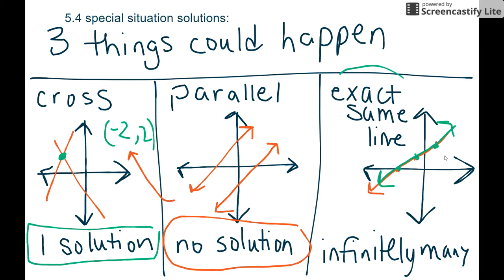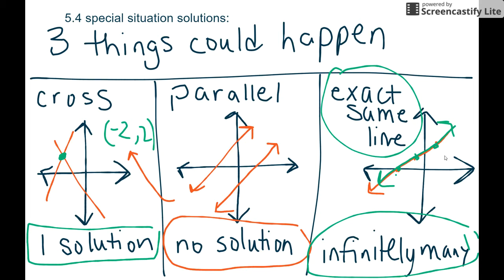So really that means you're graphing the exact same line twice, which some people are like, well, why would you ever graph it twice? Well, sometimes you don't realize it's the same, and then it turns out to be the same. So if it's the exact same, you can see how this green dot goes right over the red, right over the red. The whole line is right over top of each other. Well, then that means there's going to be infinitely many solutions.